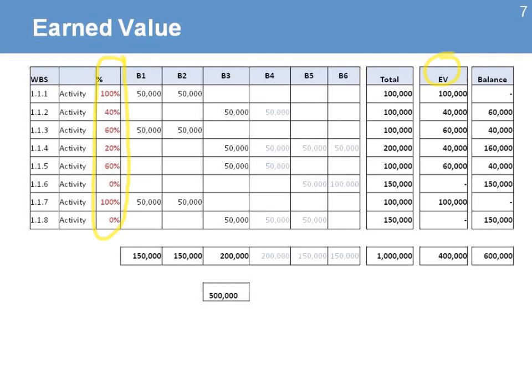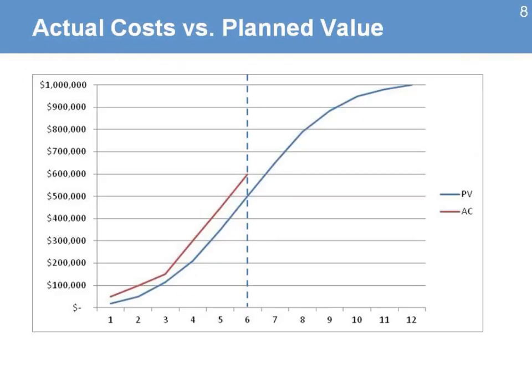When I calculate that value from the percentages of completion of each activity, here's the total value that I have. When I compare it to what I was supposed to have, I see that I have a difference. And that difference is important for us. We'll see that in the next slide.